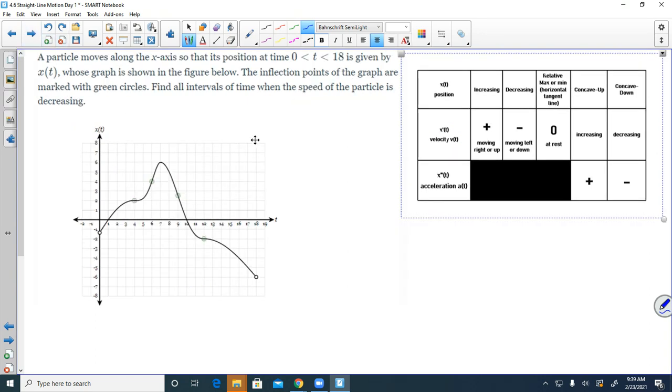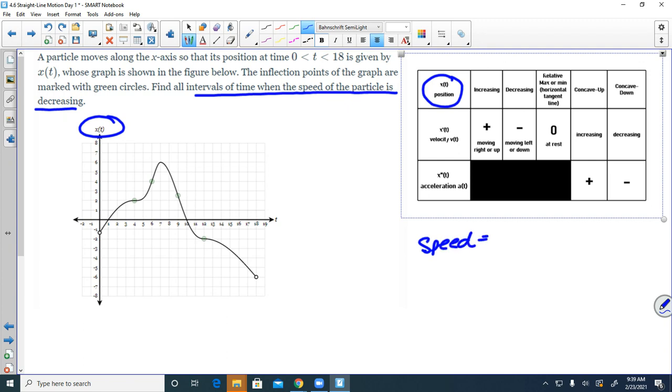You'll have several like these, and so you just have to get used to how the question is asked. This time I have the position graph, and I'm asked to find all intervals where the speed of the particle is decreasing. So I want to find where the speed is slowing down. So I don't see anything about speed. I know that speed is the absolute value of velocity. However, I don't have a velocity graph, so I can't use this idea.